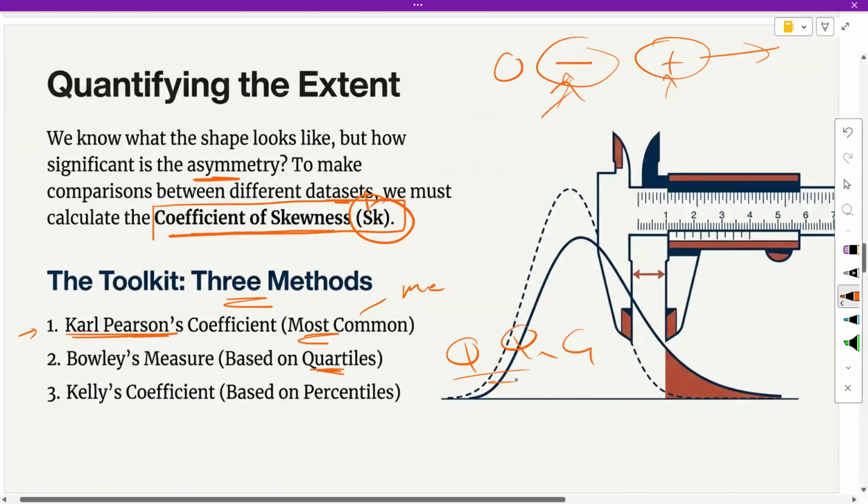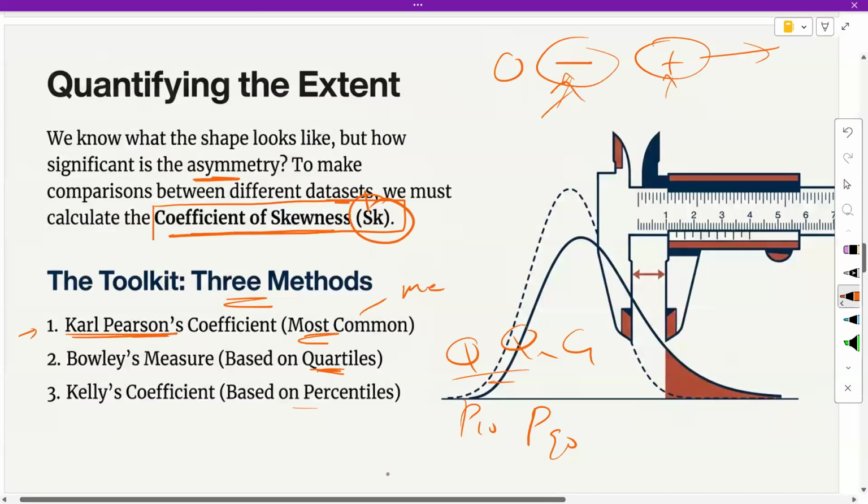And Kelly's coefficient is based on percentiles, P10 and P90. So three scholars give three different formulas to measure the skewness of a data set.